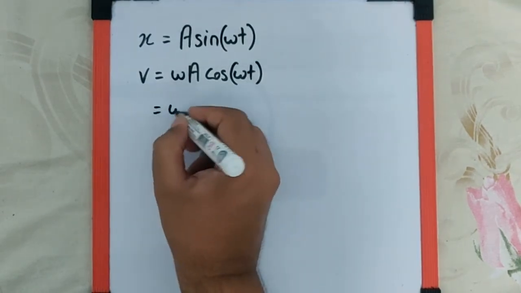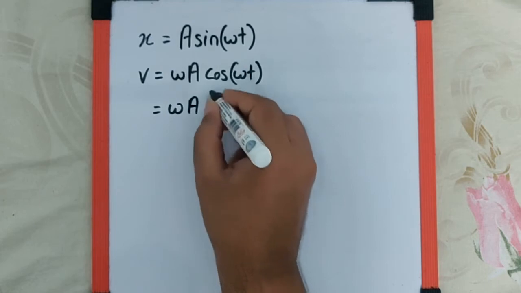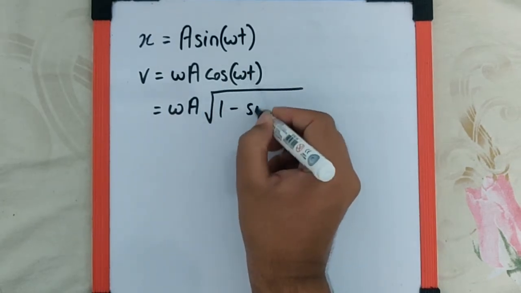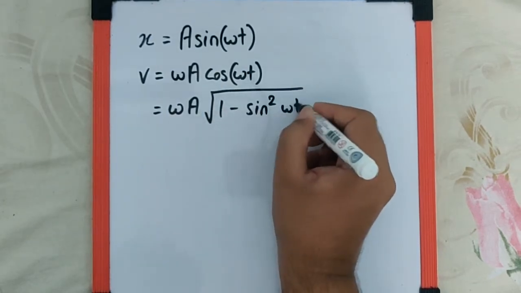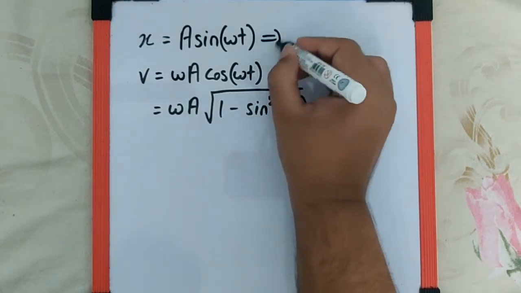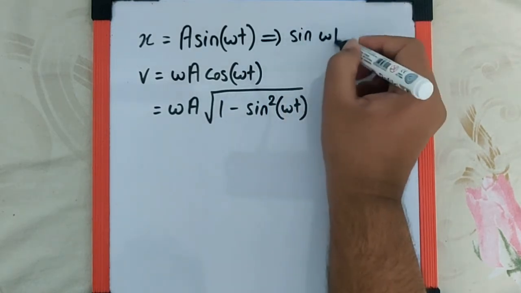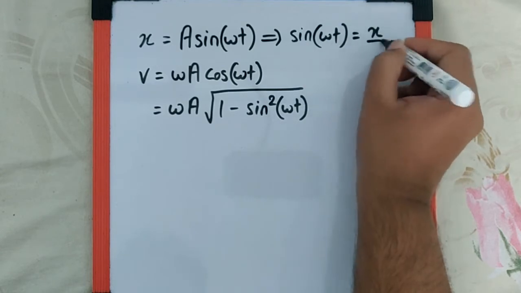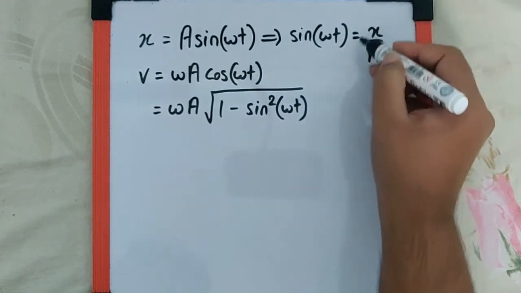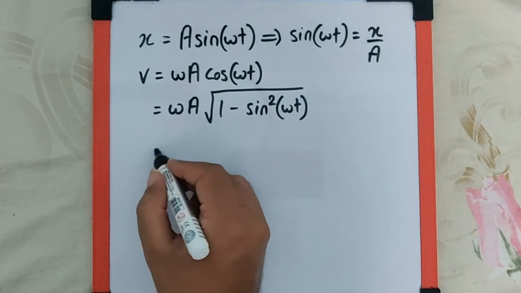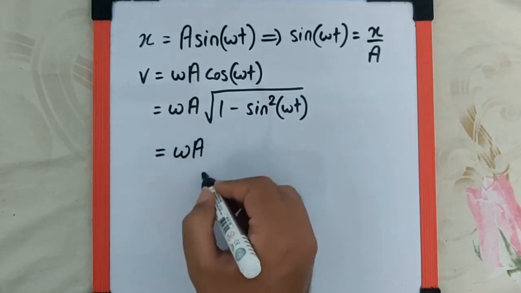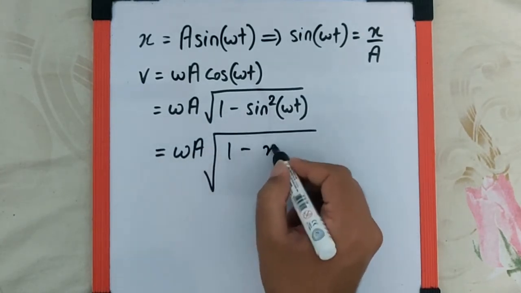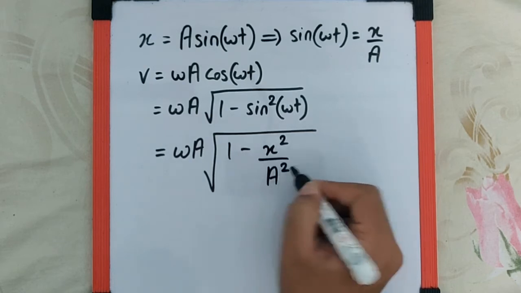Now definitely we can write cos as root of 1 minus sine square omega t, and from here we can say sine omega t is x by a. So we can substitute this x by a over here and we get omega a root of 1 minus x square by a square.